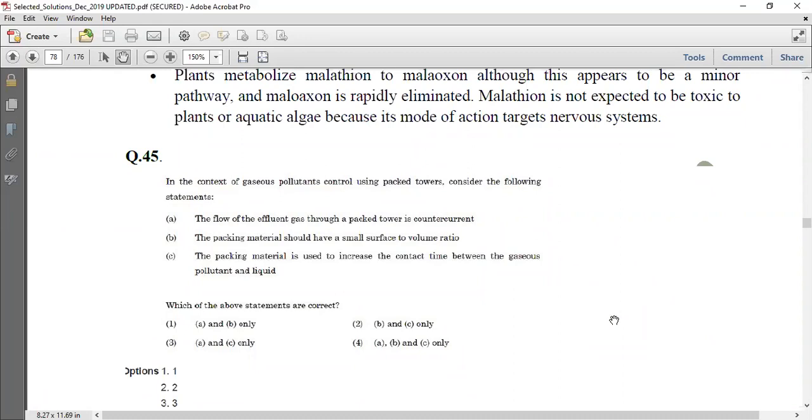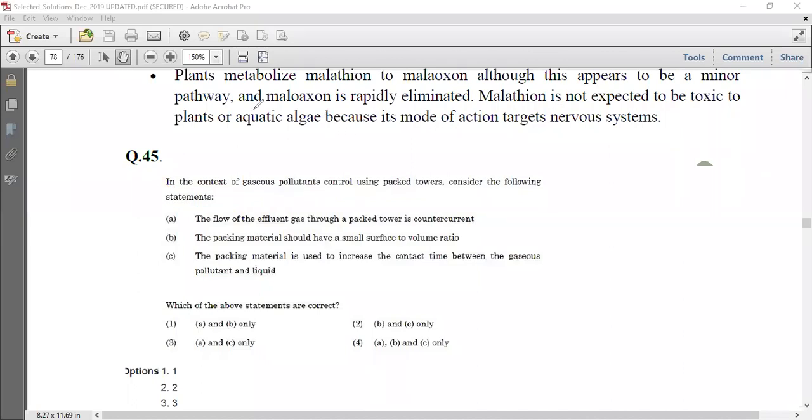Question number 45 says that in the context of gaseous pollutant control using packed towers, consider the following statement. So for controlling the gaseous pollutants, we have some of the packed towers. And let's see first some of the literature about it.